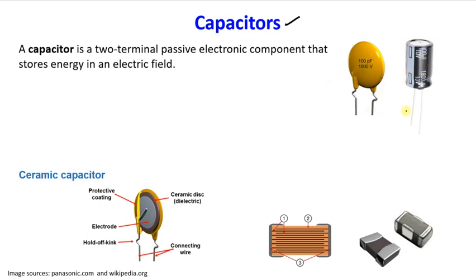I am quite sure you must have seen this type of capacitor in different electronic circuits. What about the circuit symbol of a capacitor? You already know that this is the circuit symbol, isn't it?